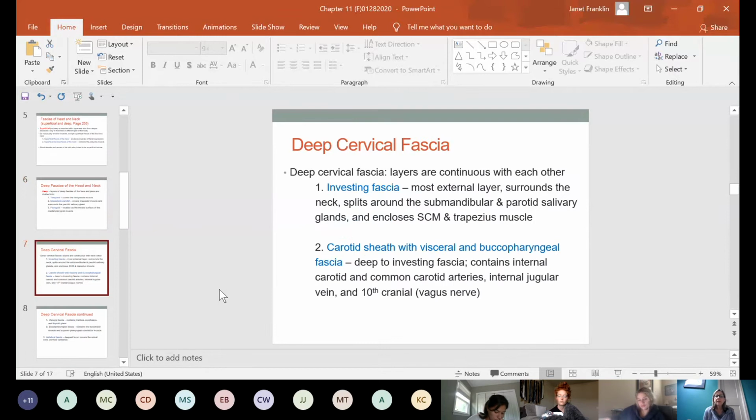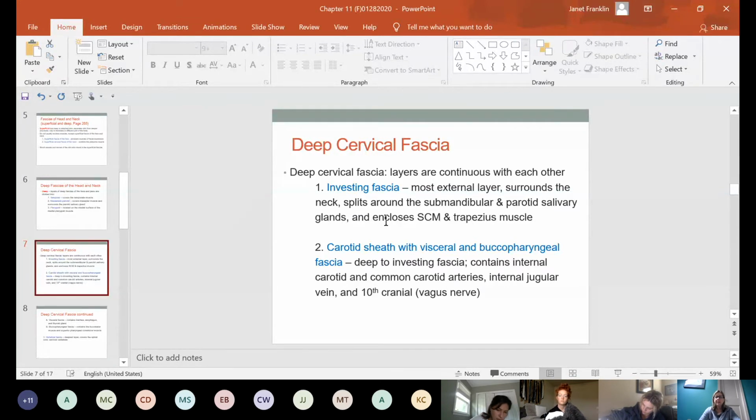Your deep cervical fascia layers are continuous with each other. You have your investing fascia, which is your most external layer. It surrounds the neck and splits around the submandibular and parotid salivary glands and encloses the sternocleidomastoid and trapezius muscles.